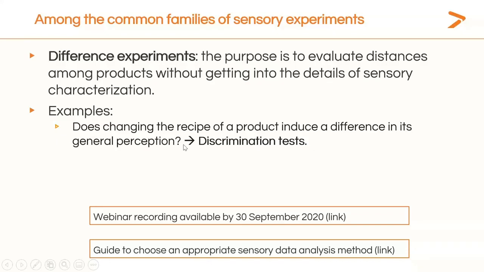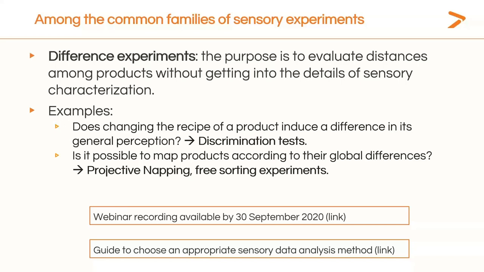In this case, we used discrimination tests such as the triangle test and the 2AFC test that we've seen together 2 days ago. Then we ask other questions. For instance, is it possible to map products according to their global differences? So we've seen projective mapping and free sorting experiments from which we extracted data and which allowed us to map the distances among the products by using special statistical techniques such as the STATIS technique.